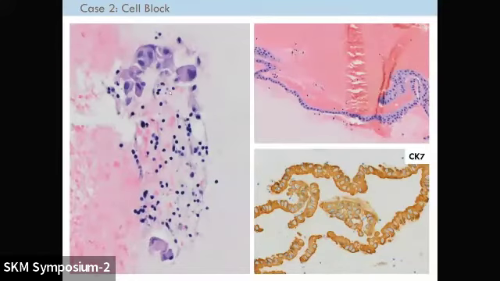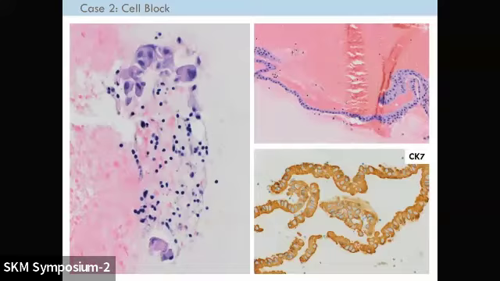This is a cell block that shows a few of those atypical cells that we saw on the cytological smears. In addition to that, we saw strips of really bland appearing cuboidal epithelial cells that stained positive for CK7. So at the end, based on the cytological atypia that we saw in some of the cells, we ended up calling it atypical.